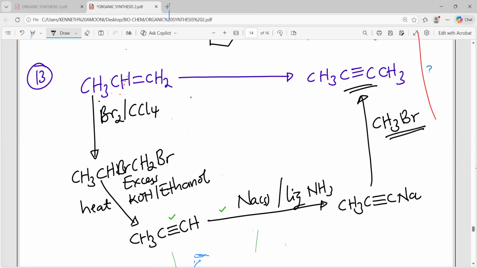And then we would have formed the final product. So that one involves an increase in the carbon chain. So that is our question 13. That one is quite obvious.